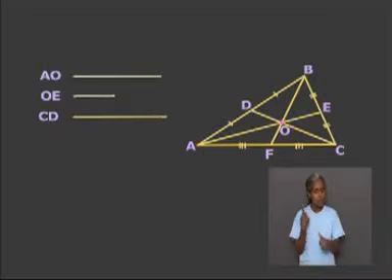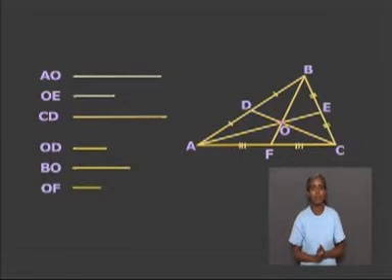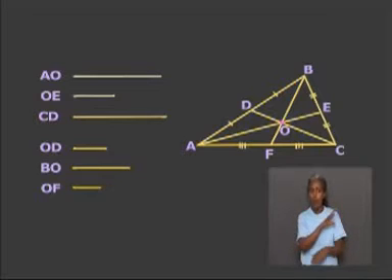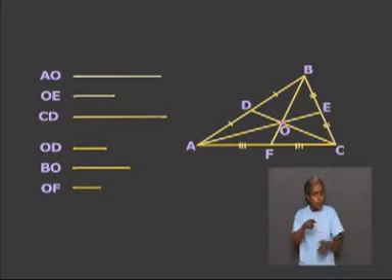First, we measure segment AO, then OE, then CD. Then, we measure segments OD, BO, and OF. What do we notice about the relationships between these different lengths?